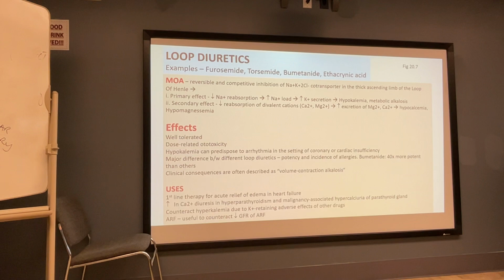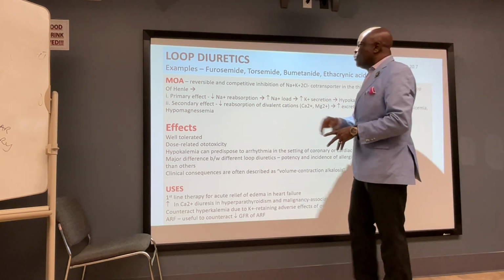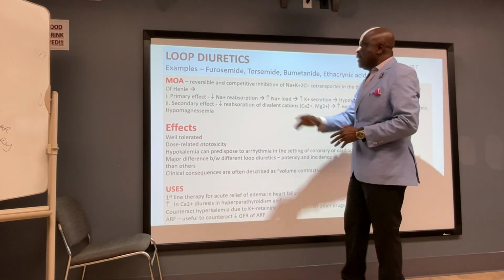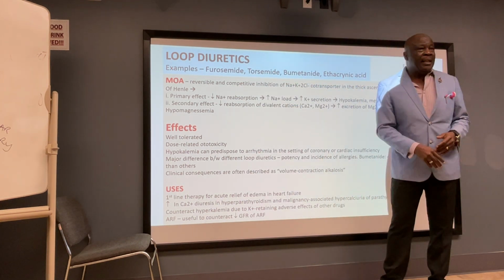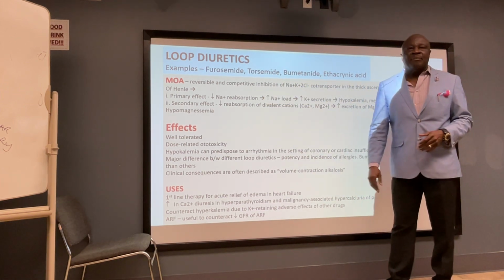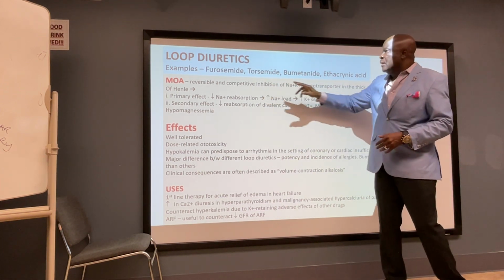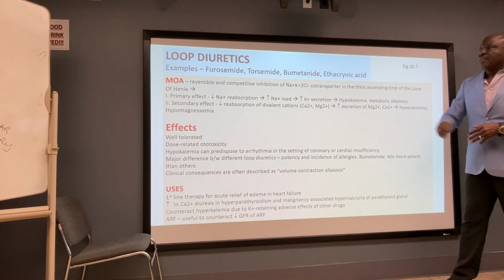Then, forget about this. We go to the loop diuretics. What are the examples of agents in this class? Furosemide, torsemide, and I mentioned torsemide and furosemide in the recording I told you. Which one is better? Torsemide is better, very good. Then we have bumetanide and ethacrynic acid.